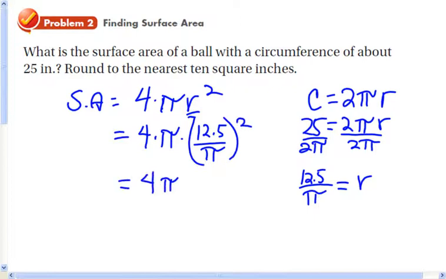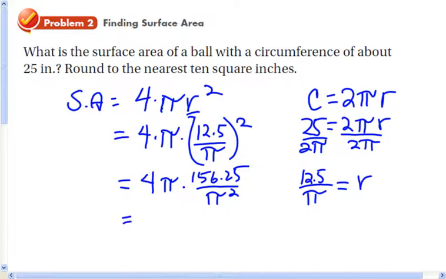Well, that is 12.5 squared divided by pi squared, that's 156.25 over pi squared.